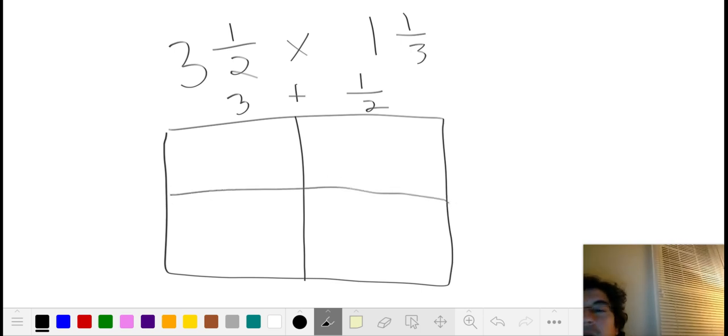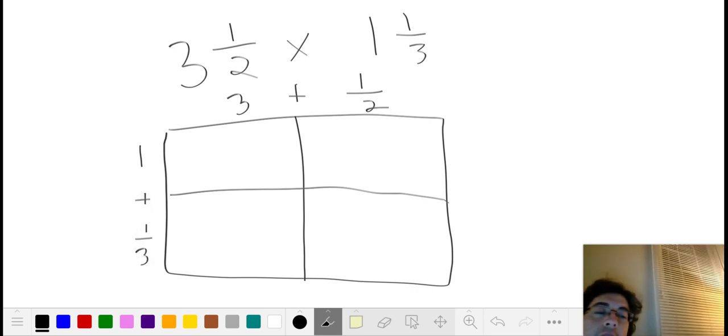And I can break up 1 1/3 into 1 plus 1/3. So now what I'm left with is 4 smaller multiplication problems that will give me 4 smaller products that I can then add up together to get the total product of 3 1/2 times 1 1/3.